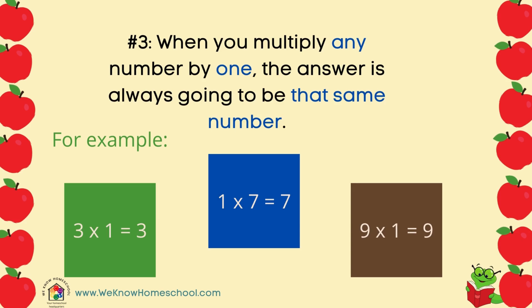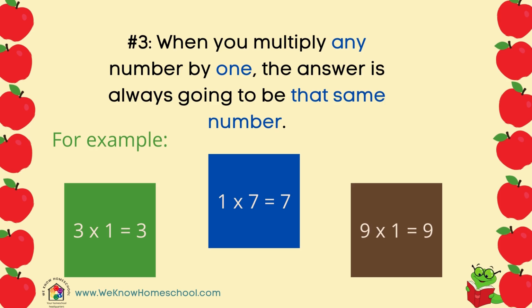Number 3, when you multiply any number by 1, the answer is always going to be that same number. It doesn't matter how big or small a number could be. As long as you multiply it by 1, the answer is that same number.